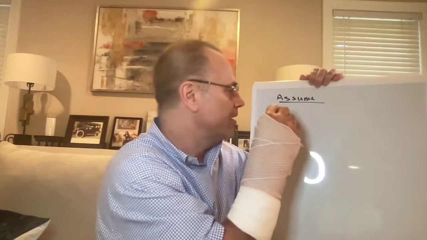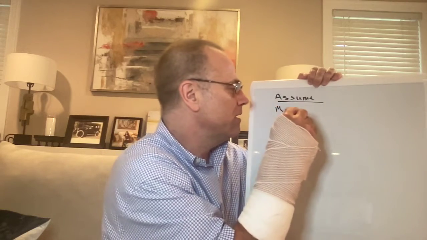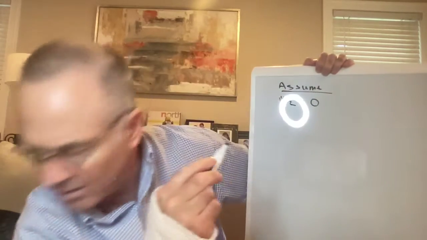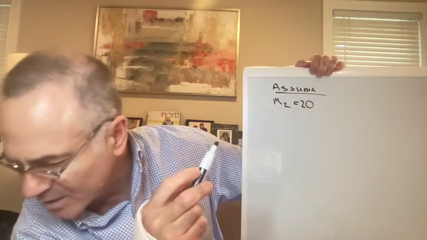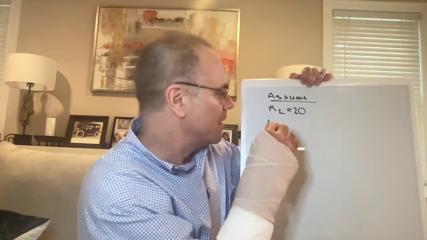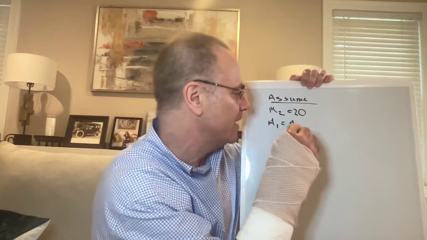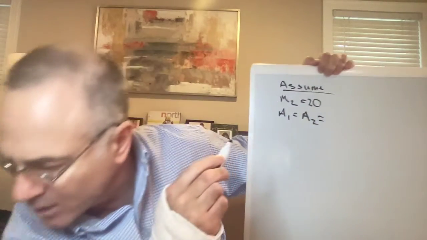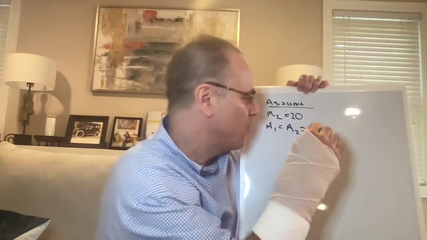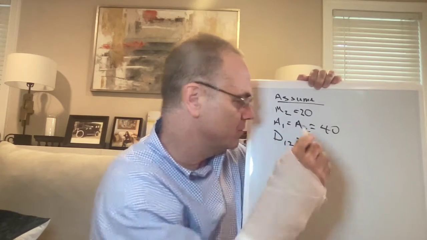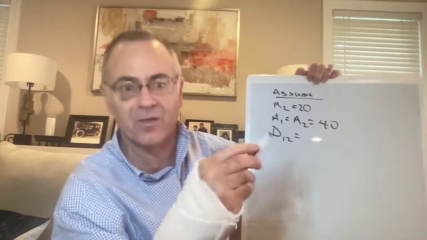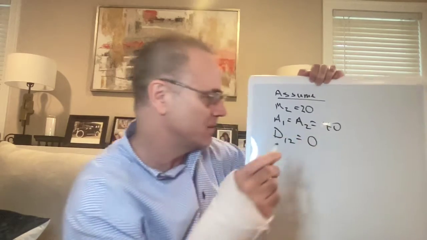In particular, what he does is assume M2 equals 20. A1 equals A2 equals 40. And then D12, whether there's a democratic peace or not, whether they're democracies or not, is 0.